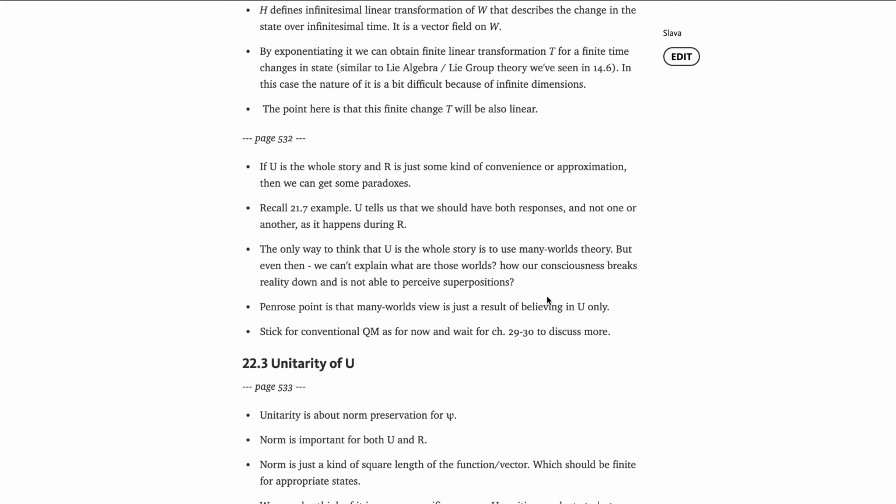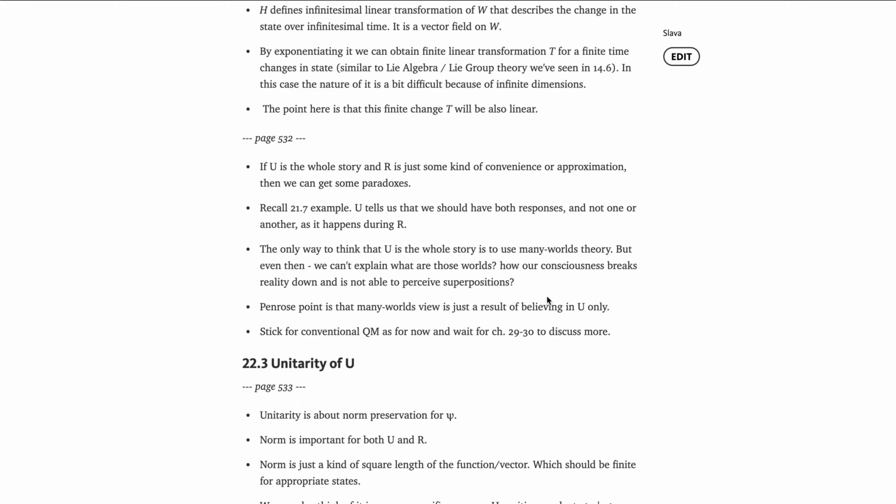On the next page Penrose starts to talk more about the philosophical viewpoint, after we finish with the math: basically, if U is the whole story and R is just some kind of convenience or approximation, then we can get some paradoxes.